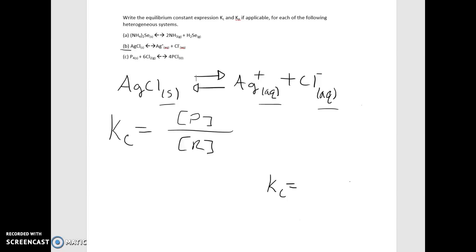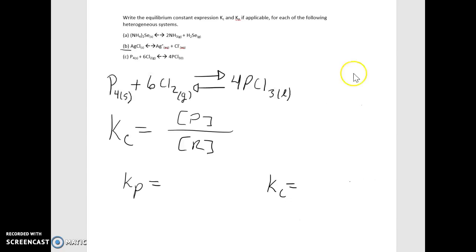So for the equilibrium constant, again, it's the concentration of products over the concentration of reactants. It's going to be silver ion times the chloride ion, and then our silver chloride is a solid, so we don't have to include it, and this would be for B.